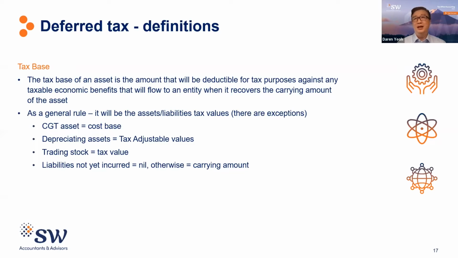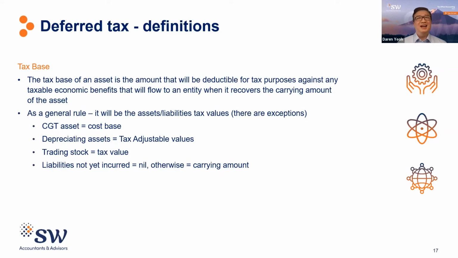The same with buildings as well. If you have a building and you are depreciating that building for accounting purposes, there is a rebuttable presumption that the asset will be held for use. That means the tax base will equal the future Division 43 deductions that you're going to get from that building.